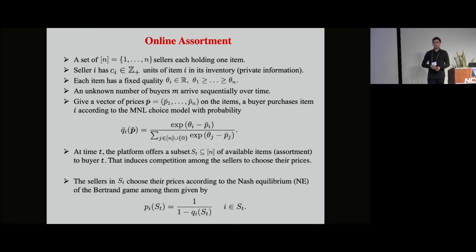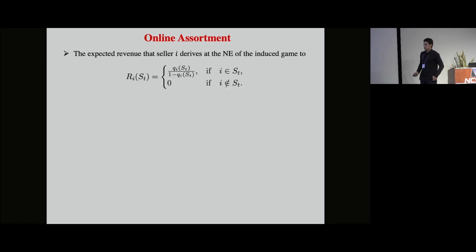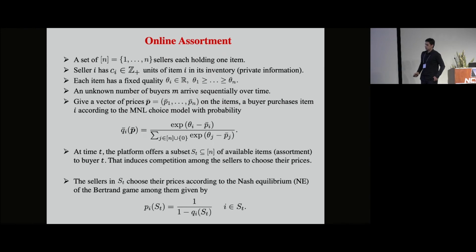There is one buyer, and this induces a Bertrand competition. The sellers determine their equilibrium prices, given by the expression at the bottom of the page, which is proportional to 1 over 1 minus the probability that item i is getting sold.